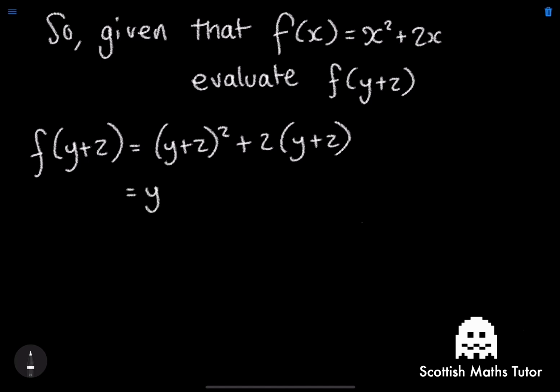So we'll multiply out the brackets of y plus z times y plus z, and that gives us y squared plus 2yz plus z squared plus 2y plus 2z. And again, as the previous example, this answer can't be simplified any further.